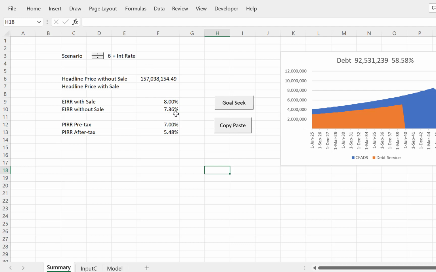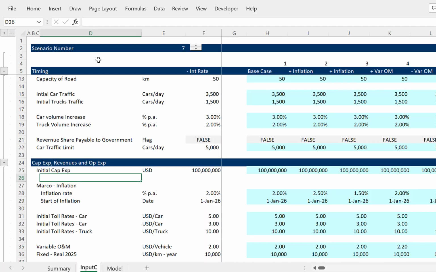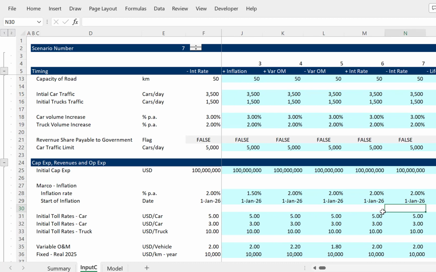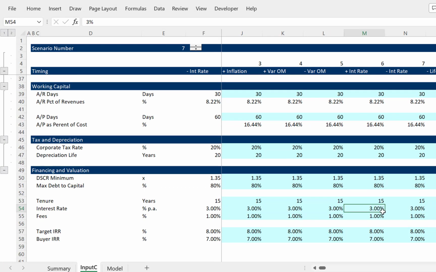And whoops. Oh, this was the interest rate. Oh, I didn't change the interest rate in the input. Remember, I forgot to do that. Okay, so let's go down here to this interest rate. This was plus the interest rate, so 3.25, and this was minus the interest rate, 2.75.